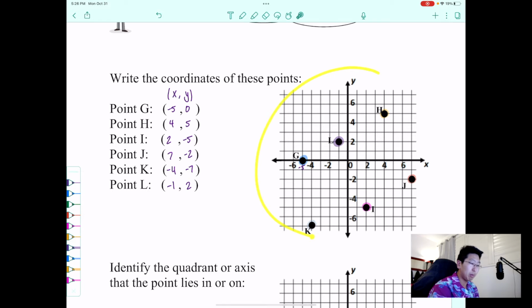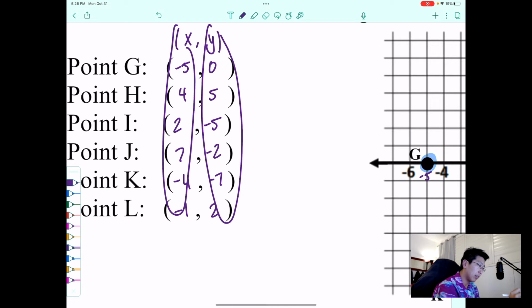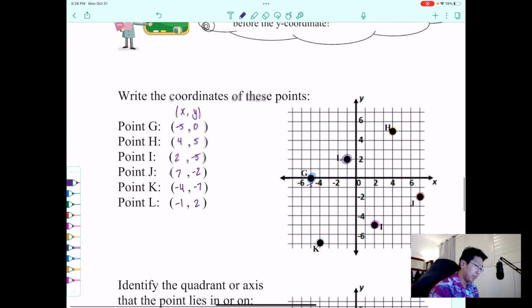This time I'm giving you a graph that already has the points, and my job is to look on the x value, find what number it lies on, and then go down or up. This one's down, and so you go find a y value. X, then y. X, then y. Okay?